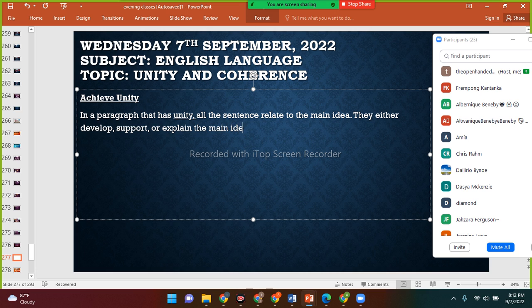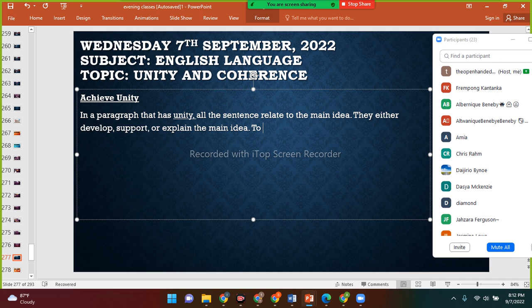So it's important that every one of your sentences is related to each other, and every one of your sentences is related to the main idea. They either develop the main idea some more, support the main idea some more, or explain the main idea some more.